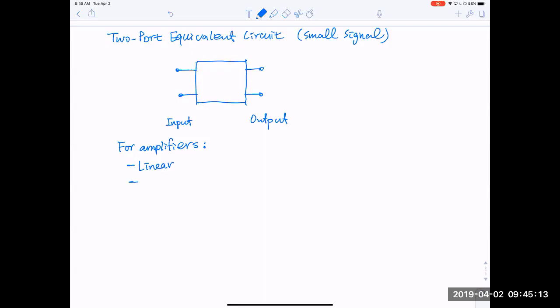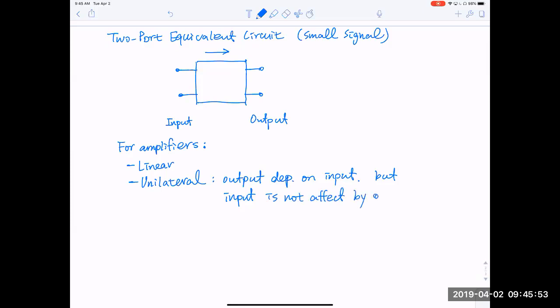Same as what you learn as a linear time invariant system. Another property that we will assume is called unilateral. That is, signal really flows in one direction, and it's not really possible to flow backwards. So unilateral means the output depends on input, but input is not affected by output.